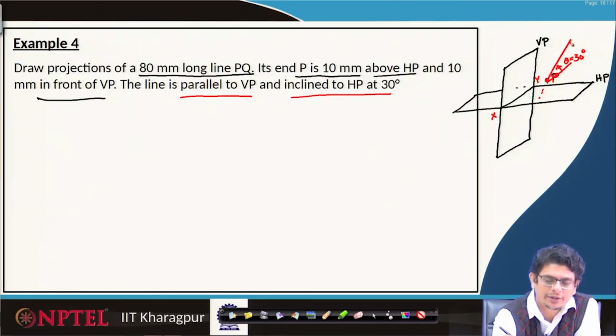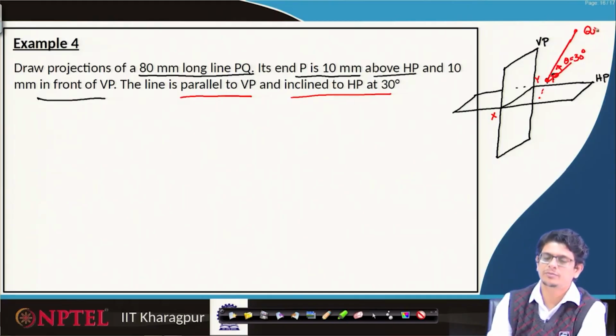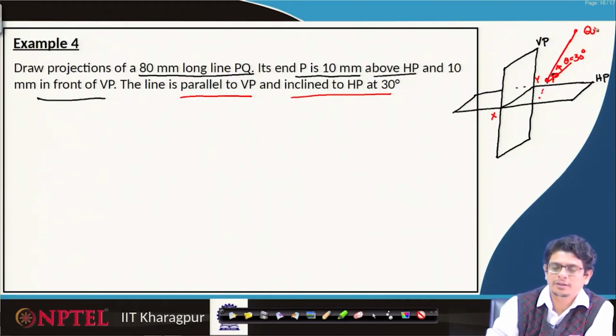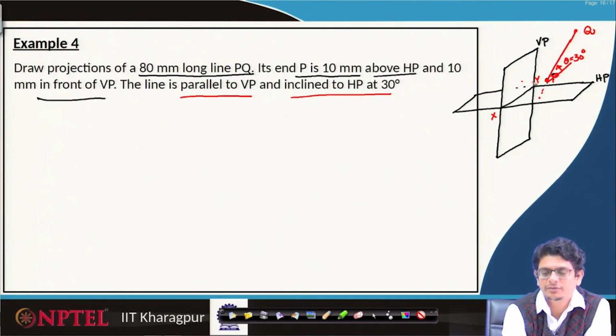So, the other point Q must be somewhere here, and the projection of this PQ line onto that vertical plane gives us the true length of that object. So, this is supposed to be 80 mm on the vertical plane.